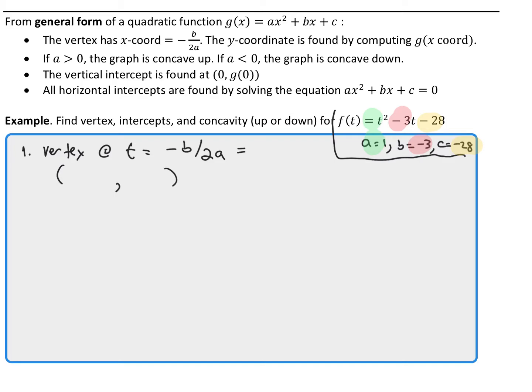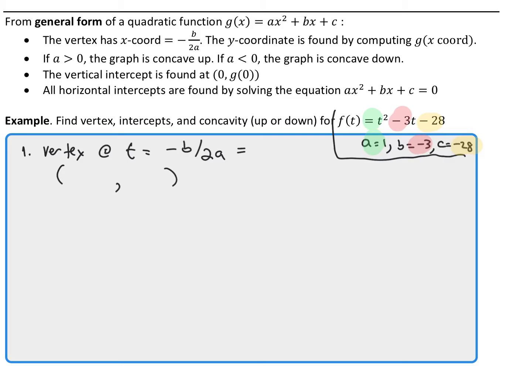These are the numbers in front, and notice that if there's not a number in front, that means that number is going to be 1 or minus 1. We don't write those in front of the numbers. So a is 1 because that's 1 times t squared. Those are the values of a, b, and c for this particular quadratic.